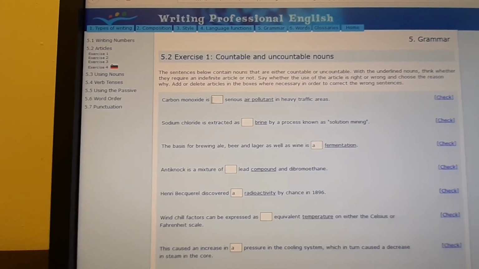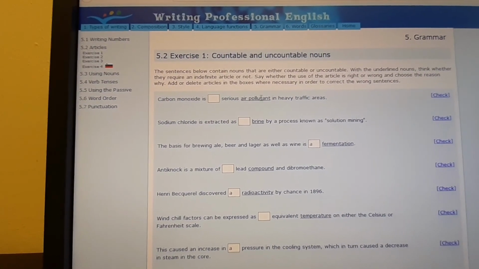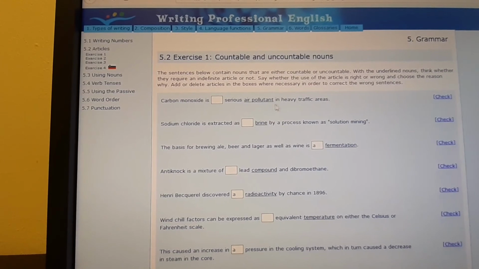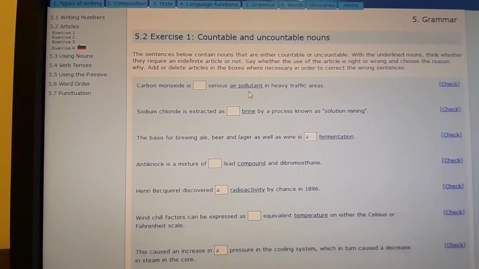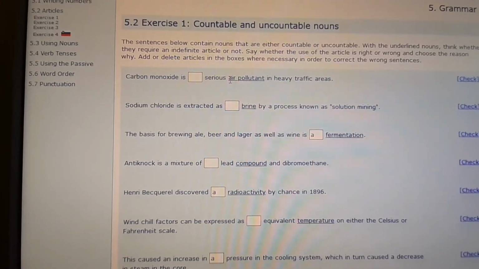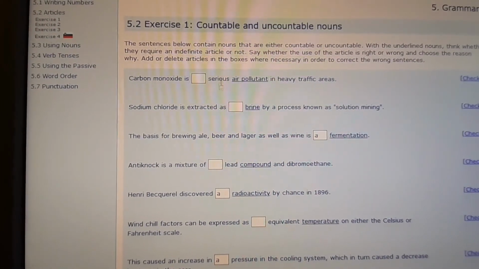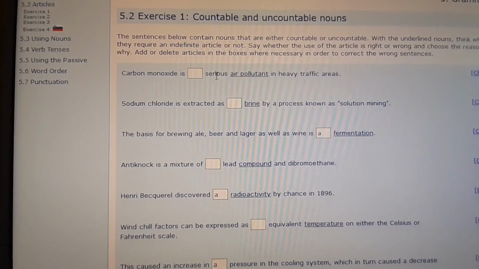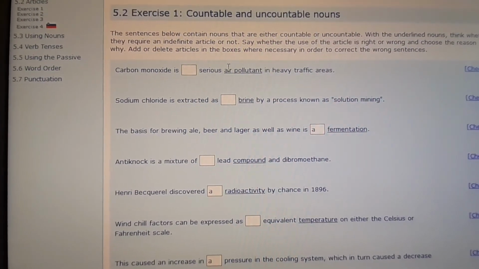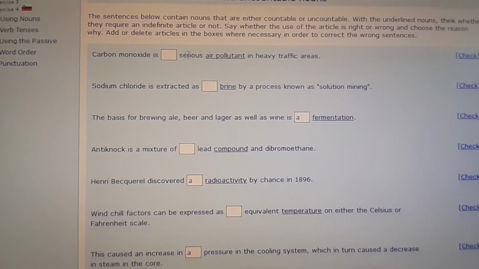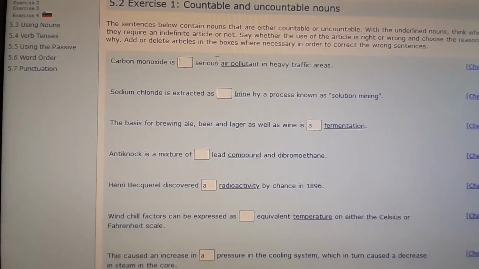Carbon monoxide is a serious air pollutant in heavy traffic areas. Air pollutant is the noun we're looking at, but here we have the adjective, pridavne meno. Think about it: is it countable or uncountable? You would just write it here.